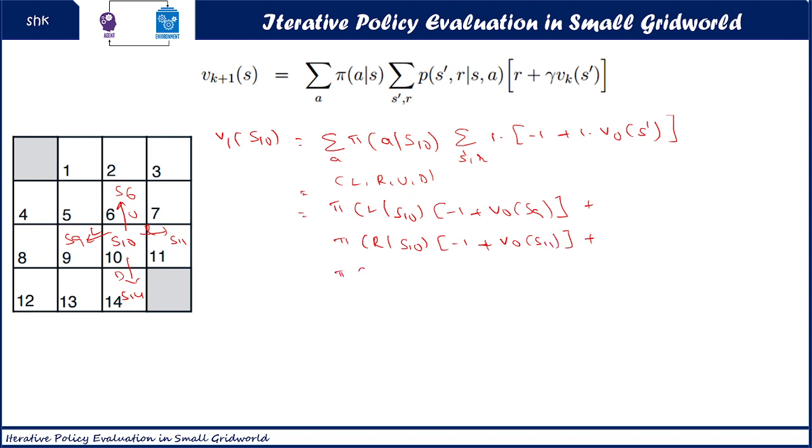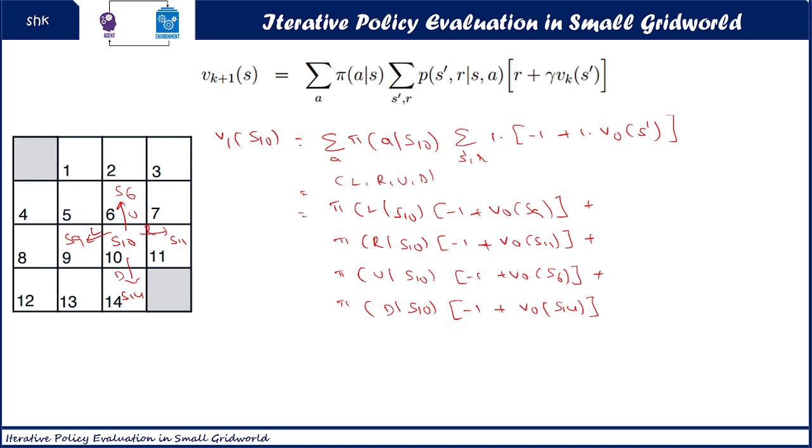Plus the probability of up action from S10, reward minus 1, V naught of S6, the next state for the upward action. Plus the probability of down action from S10, reward minus 1, V naught of S14, since the downward action reaches S14.